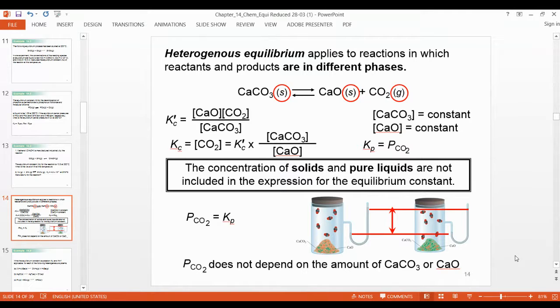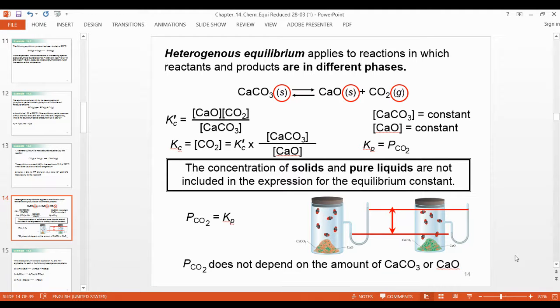Now this is the second one, heterogeneous equilibria. I was talking about only homogeneous, in which all states are the same, just like gases or aqueous. If a liquid is there, no problem. You never write a liquid in the equilibrium constant because that is constant. Remember that. Now heterogeneous means two different states.